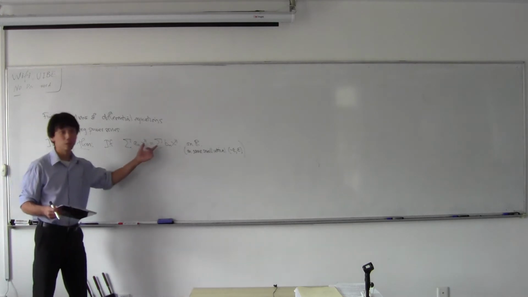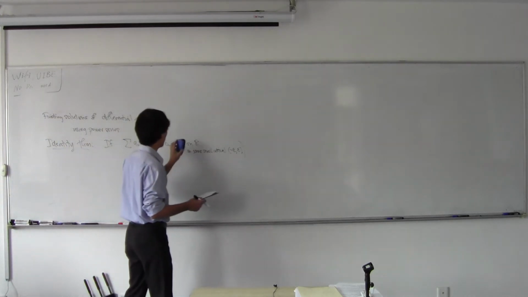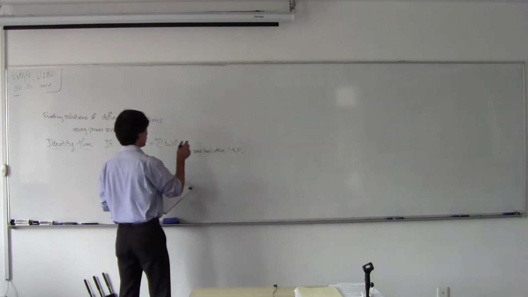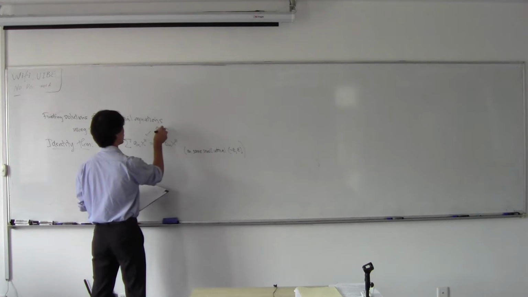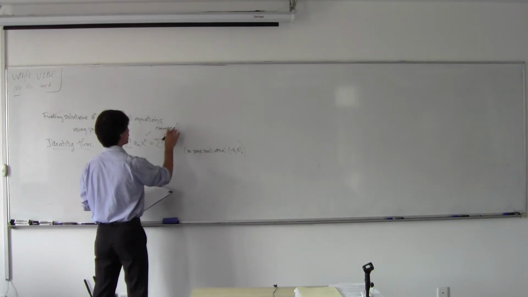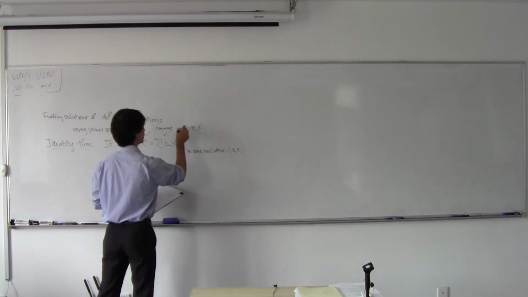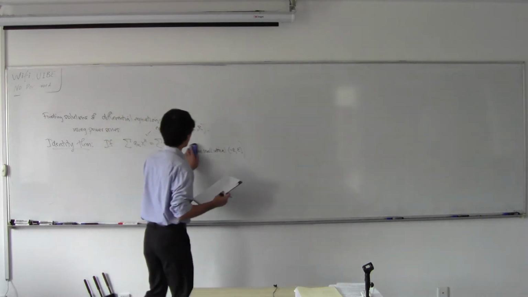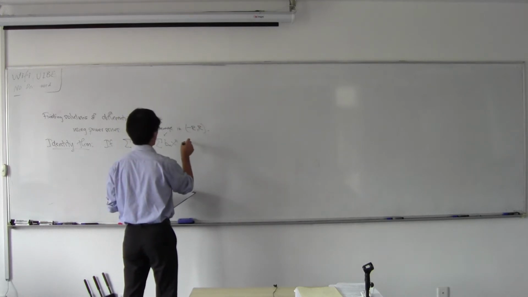Suppose you have two power series, and both of these converge in some interval negative R to R. And let's say that they are equal there.